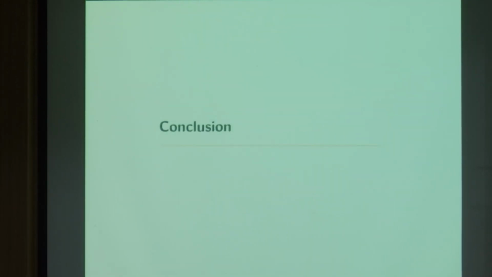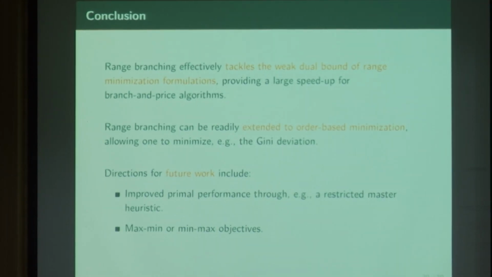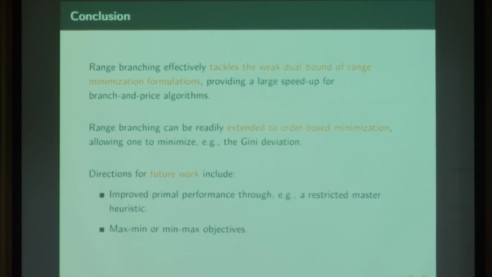So conclusions are, well, I think this is interesting. What I like about this work is that we started from the fairness perspective, which I think is a very important topic. And at the same time, we came up with something very methodological from the perspective of integer programming, right?